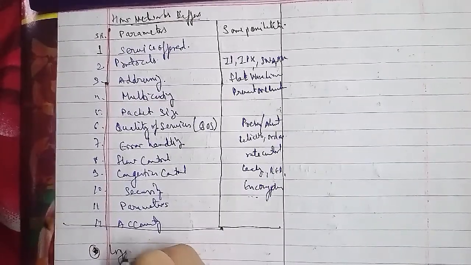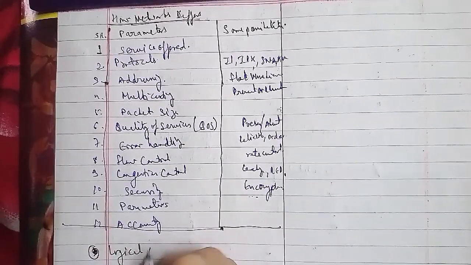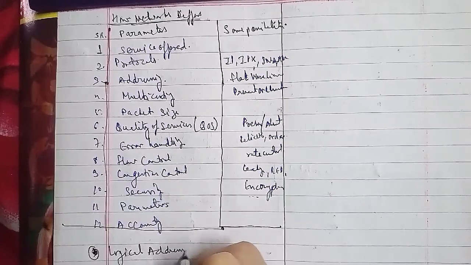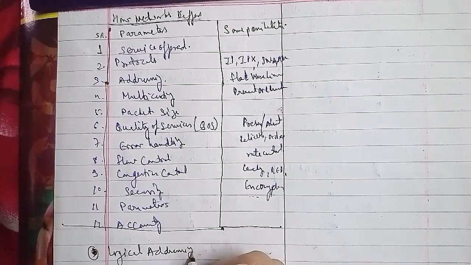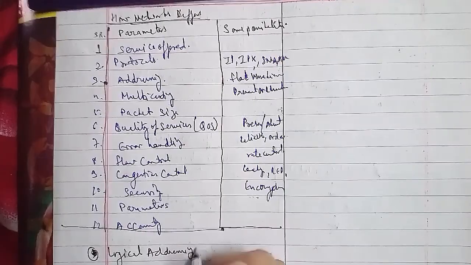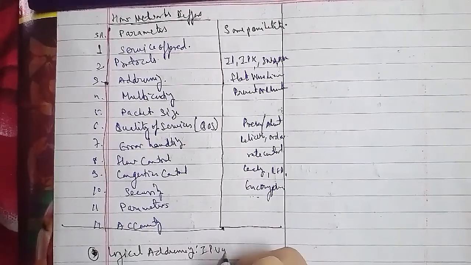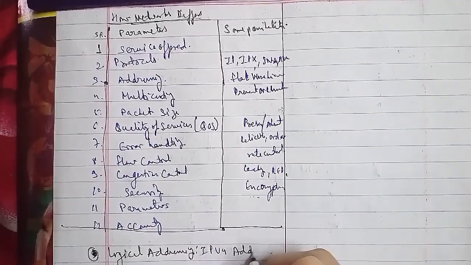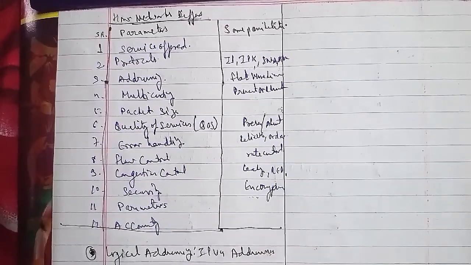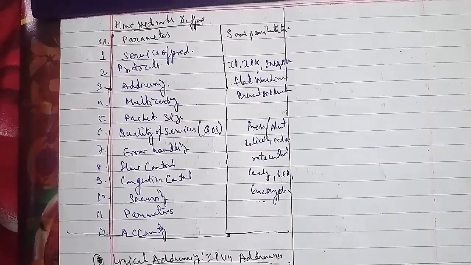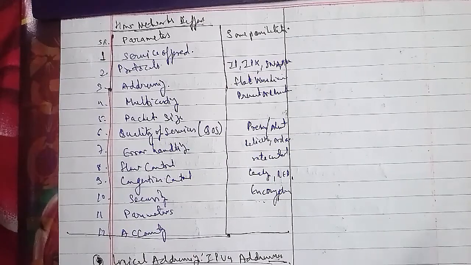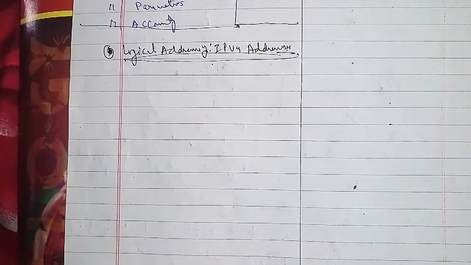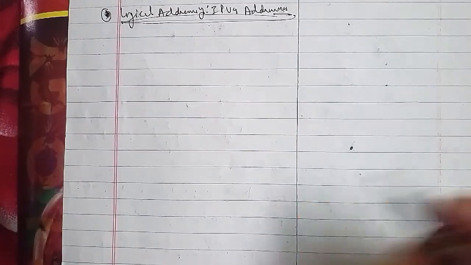So the subnet mask will be 255.255.224.0, represented in binary as 11100000.